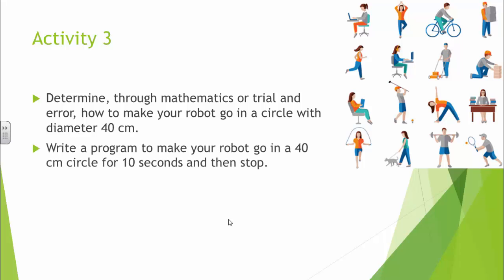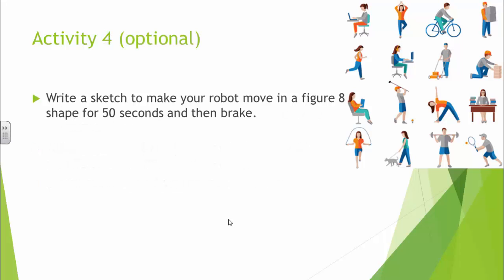And you can go ahead and start controlling the robot itself. Make it run in a 40 centimeter circle for 10 seconds and then stop. Out to the extension side now, you can start to get a feeling for how to control your robot. Try to make it move in a figure 8.